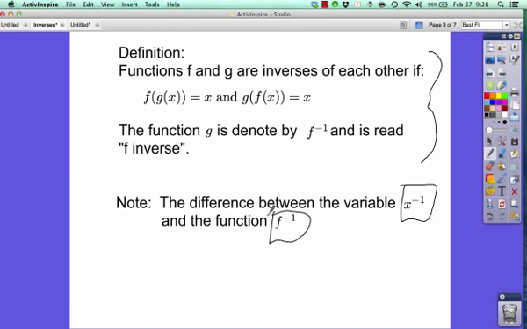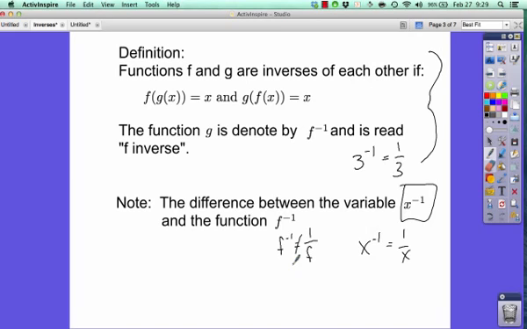When I'm talking about a number, let's say 3 to the negative 1, and x represents a number, so it's the same, x to the negative 1, this means 1 over x, or 1 over 3. But with a function, if I raise a function to the negative 1 power, it does not mean the reciprocal of the function. It does not. All right? It means this. It means the inverse. So if you look at this and say, what? You're in really good company.